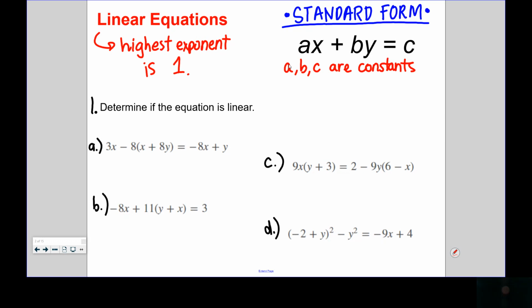On part C, 9x equals 2 minus 9y times (6 minus x). And then you can probably already tell that last one's pretty easy. We have negative 2 plus y squared minus y squared. Actually, that one may work out. We'll have to see. It equals negative 9x plus 4.